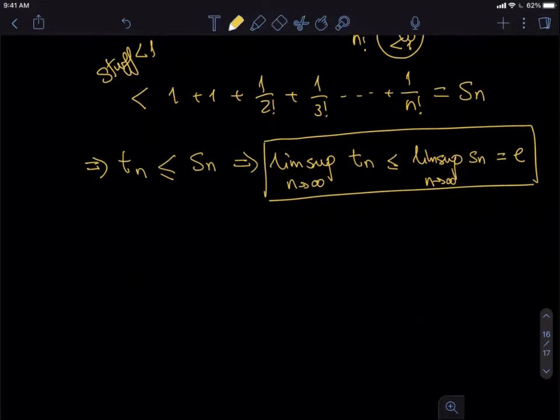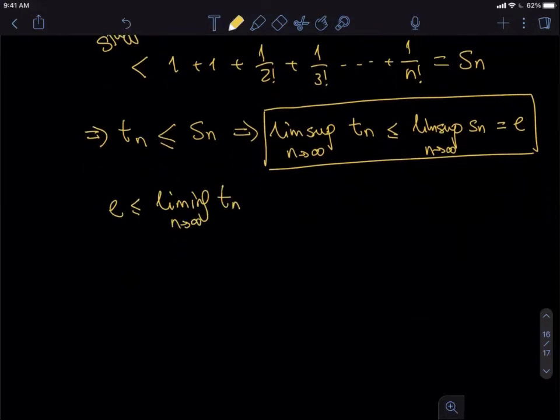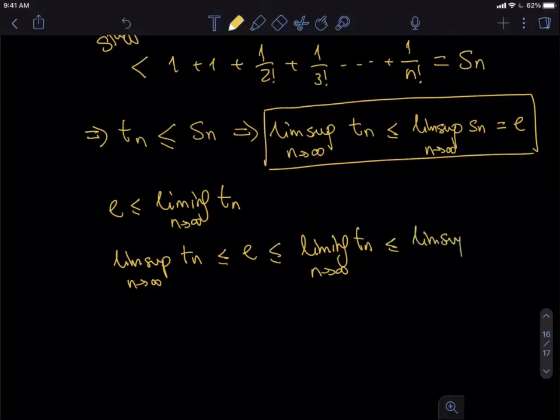Now, if we are able to show that e is less or equal than the lim inf of the Tn, we are good to go, because we will have proved that the lim sup of the Tn is less or equal than e, less or equal than the lim inf of the Tn. And because the lim inf by definition is less or equal than the lim sup, we have all equalities here.